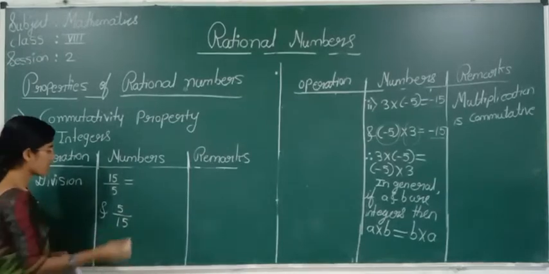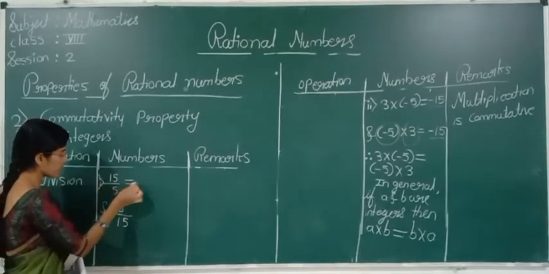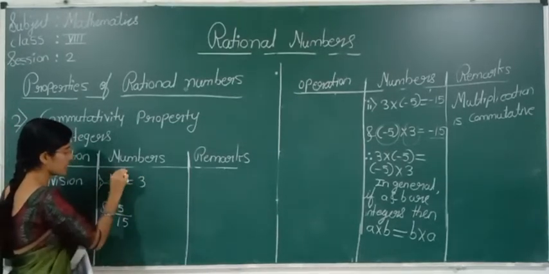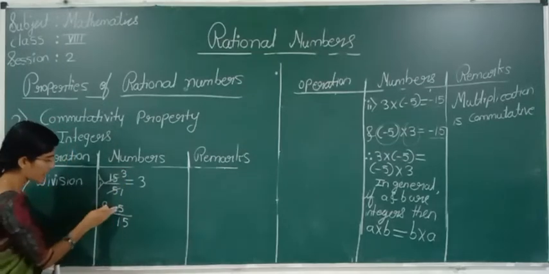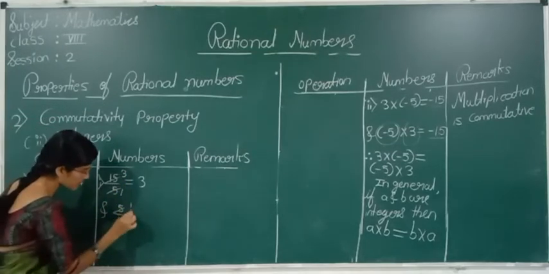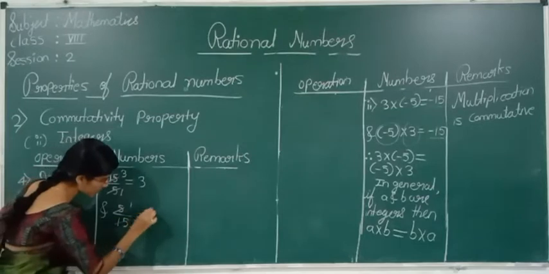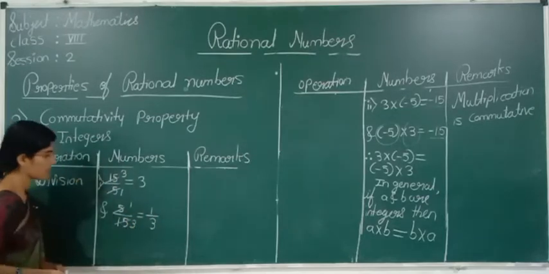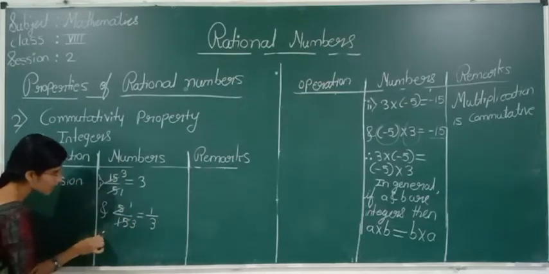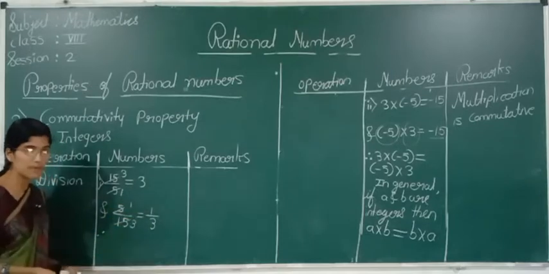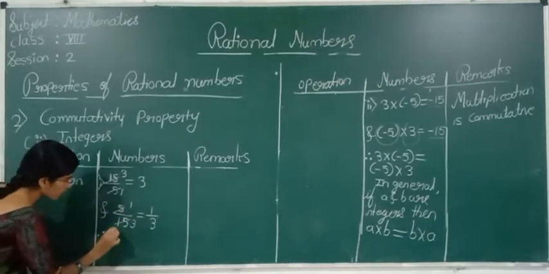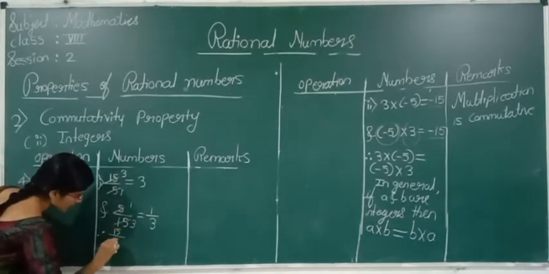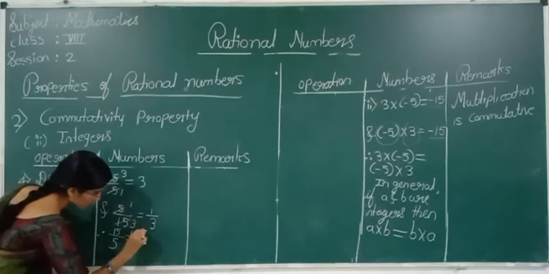So 15 by 5 is 3, right? 5 ones are 5, 5 3s are 15. Now 5 divided by 15: the answer will be 1 by 3. Therefore, now tell me, are both these answers the same? No. Therefore, 15 by 5 is not equal to 5 by 15.